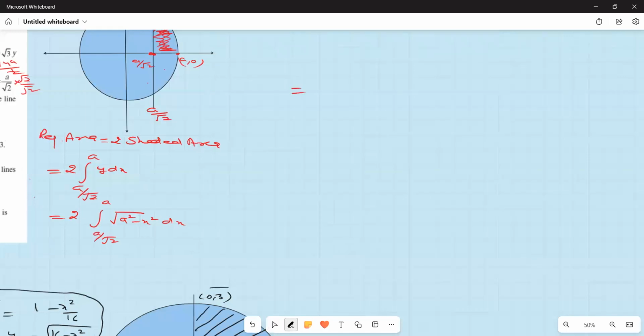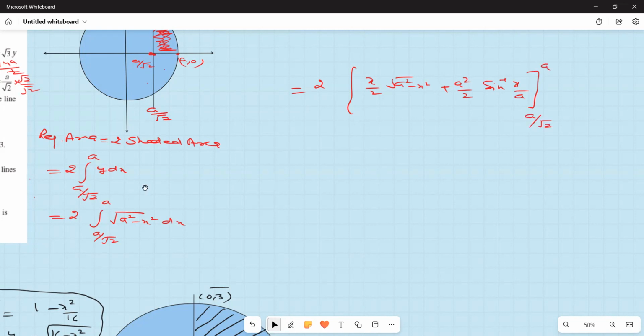This is equal to twice of a by root 2 to a, let us write the formula directly: x by 2 square root of a square minus x square plus a square by 2 sine inverse x by a. Because this is a standard formula only, so we have written all the values.